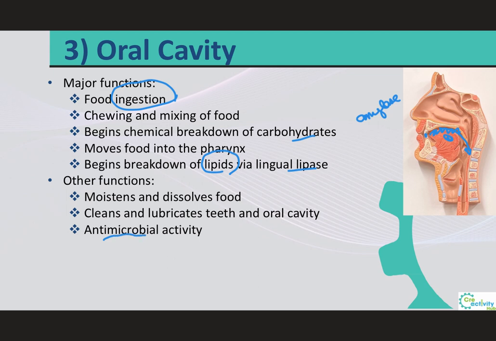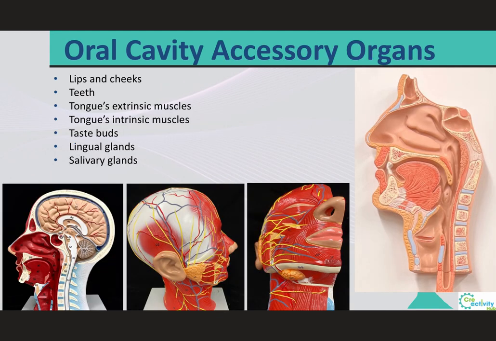And we will talk about the components of saliva in a couple of slides. Like I said, the oral cavity is important because that's where ingestion starts. But really, the accessory organs are what is going to be important to help with a lot of the digestion process that occurs inside of the oral cavity.